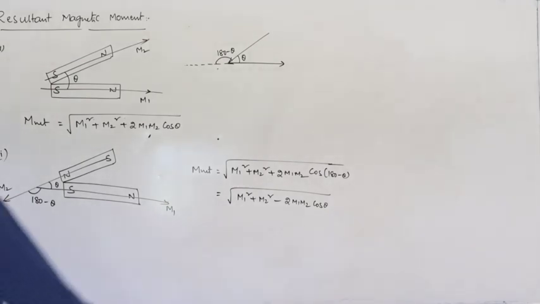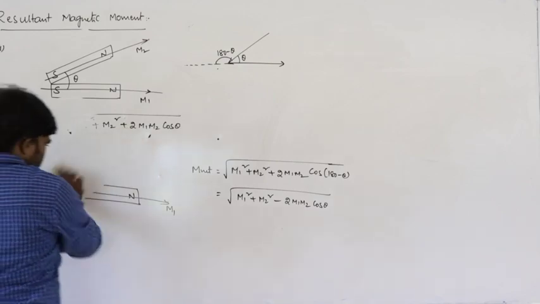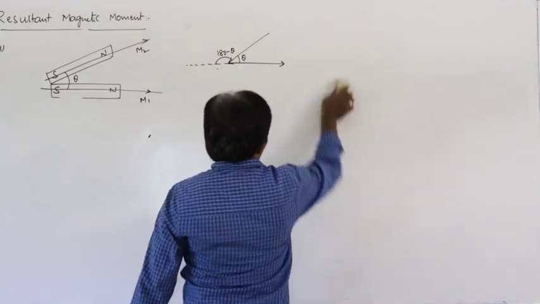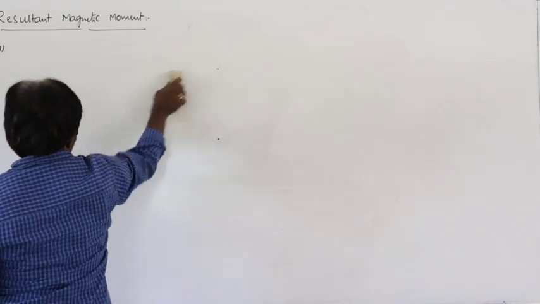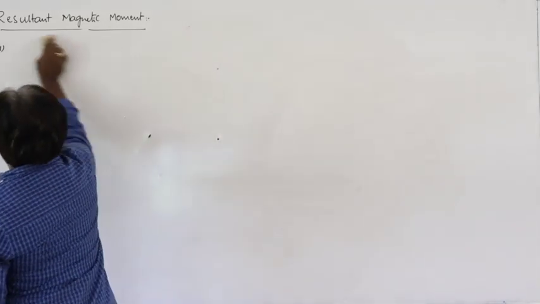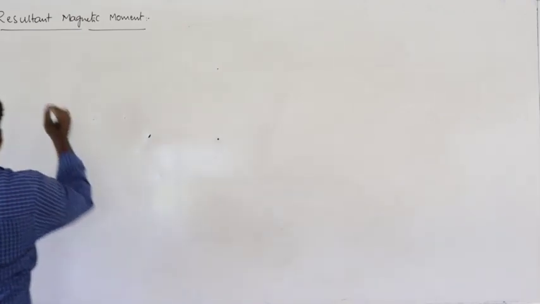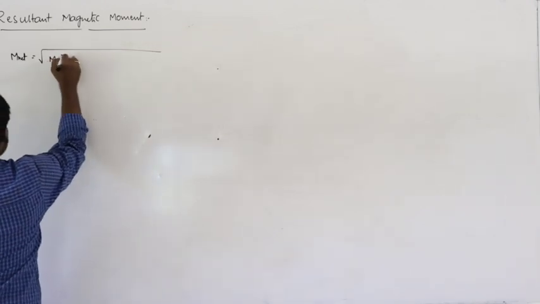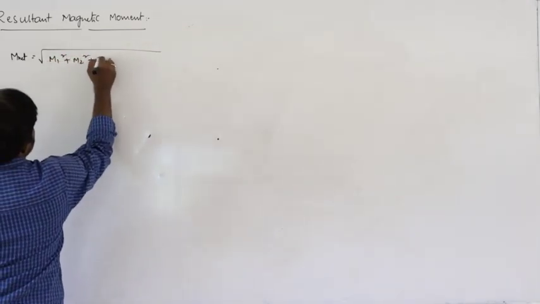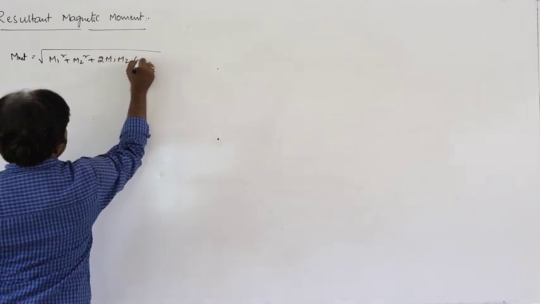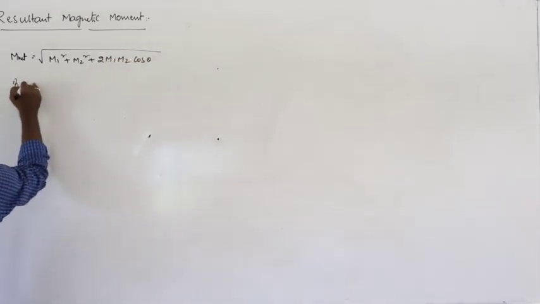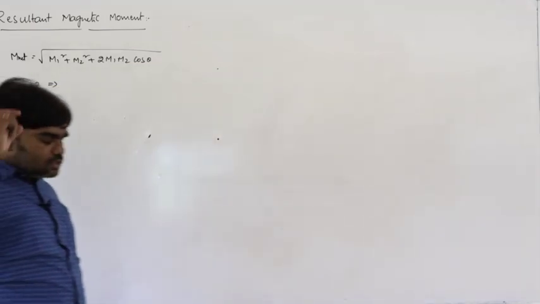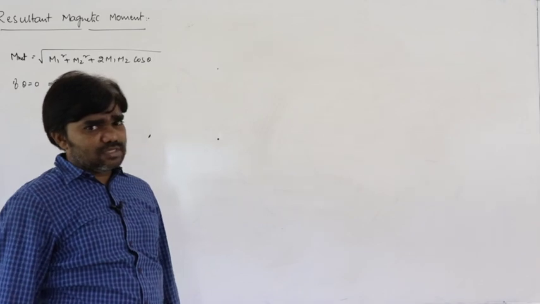Now, just based on vector addition concept, M net can be written as square root of M1 square plus M2 square plus 2 M1 M2 cos theta. So first case, if theta is equal to 0, that means both the magnets are arranged such that both the magnetic moments are in the same direction.